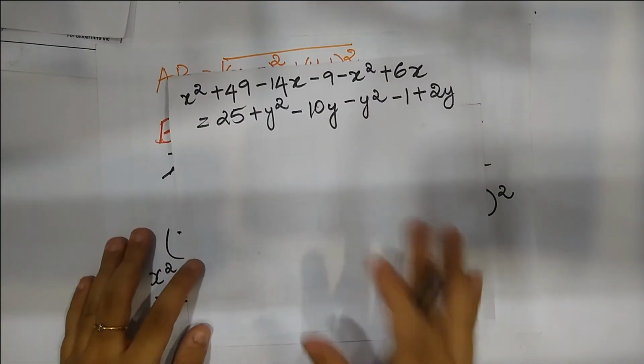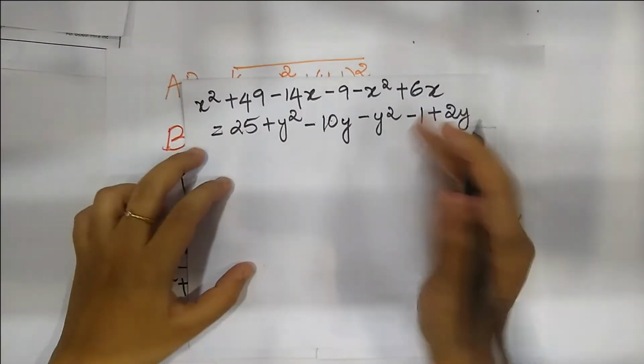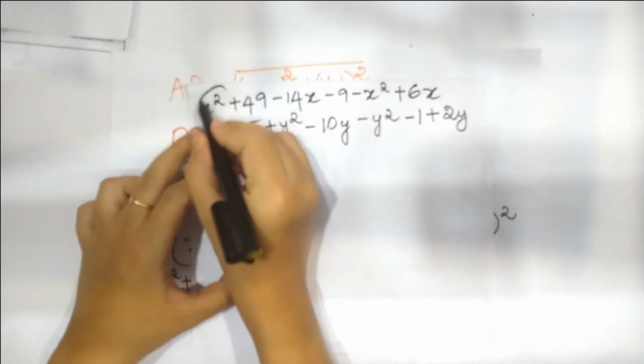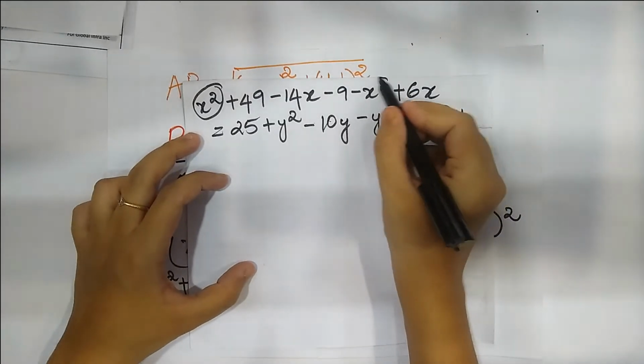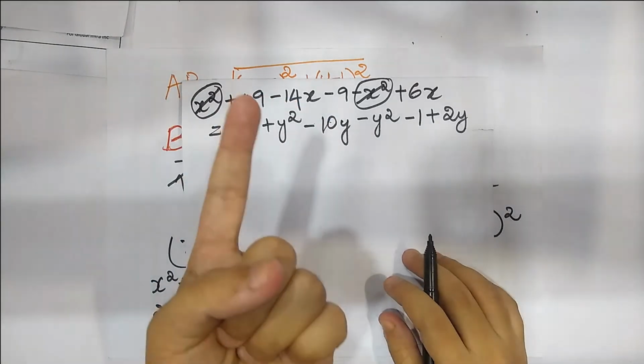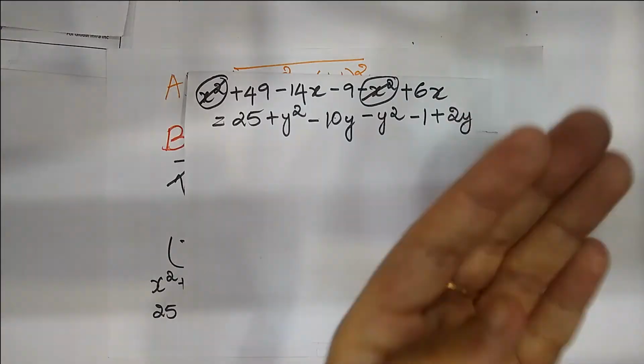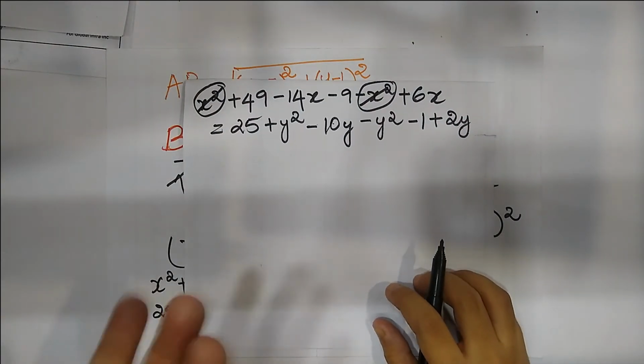Now with these variables and numbers here, let's just calculate further. You see that this x square and this minus x square just gets cancelled because 1 minus 1 is 0. So any number when subtracted with the same number, you will be left with 0.